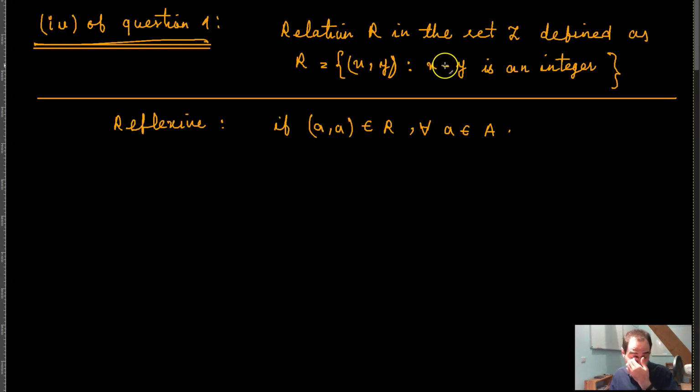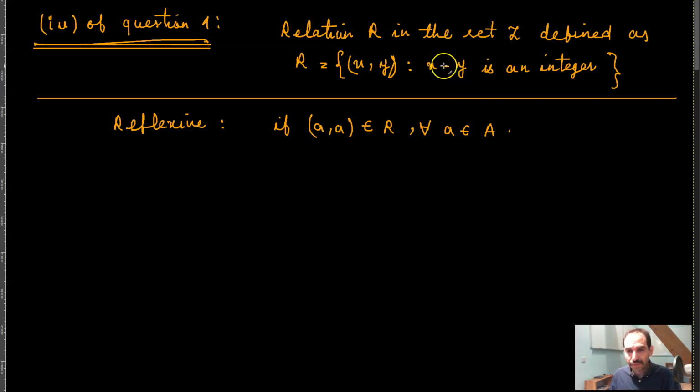That means that if x minus y is an integer, then x comma y belongs to R. Now we need to see where this works and where this doesn't work.